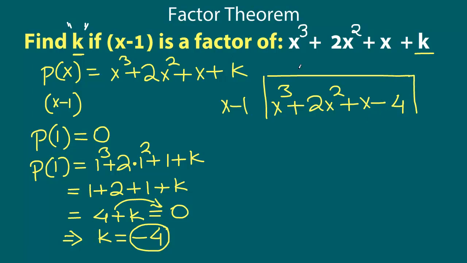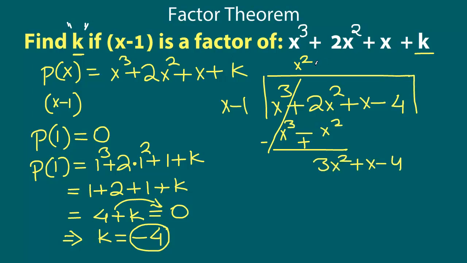So let's try and do it really fast over here. We get x squared. This will give us x cubed minus x squared. Then this will cancel out, so this will be 3x squared, 3x squared plus x minus 4. The next term will be plus 3x, so that will give us 3x squared minus 3x.